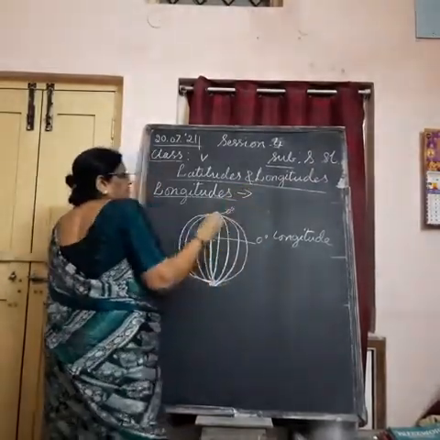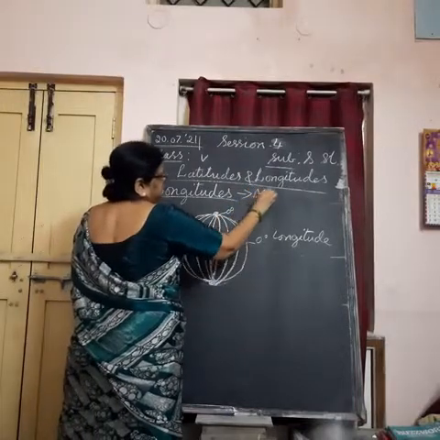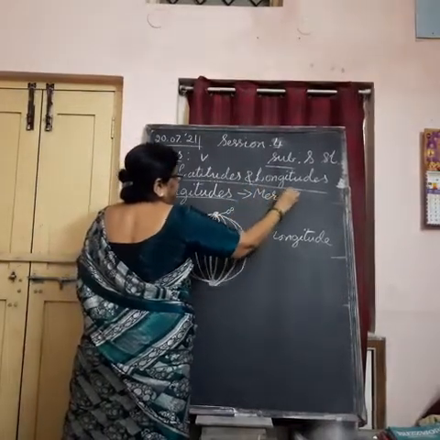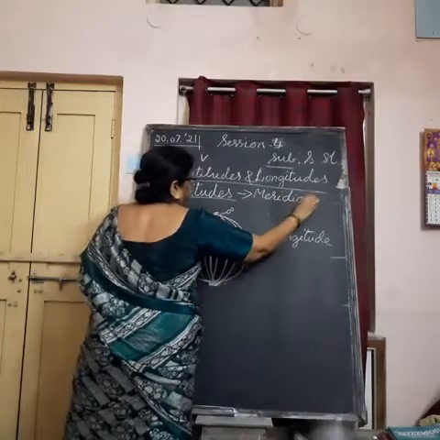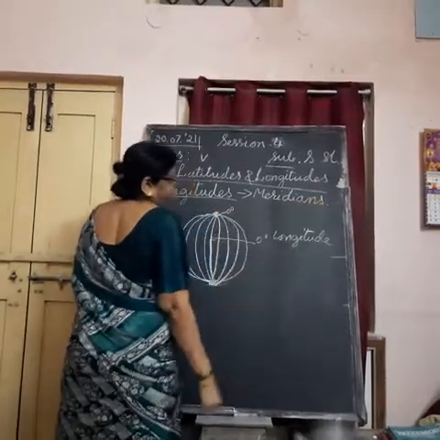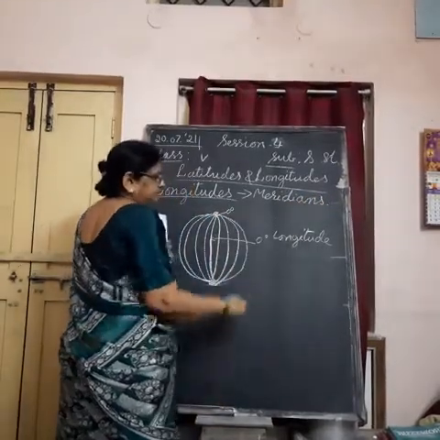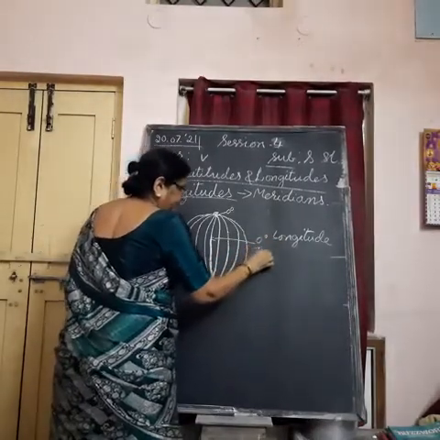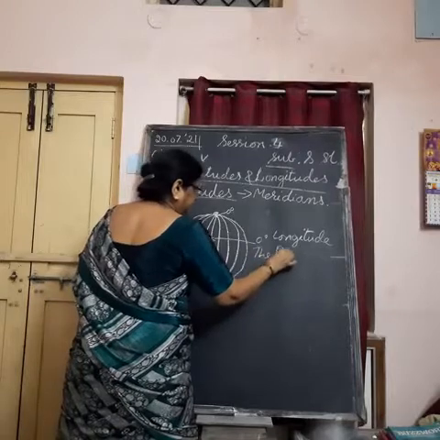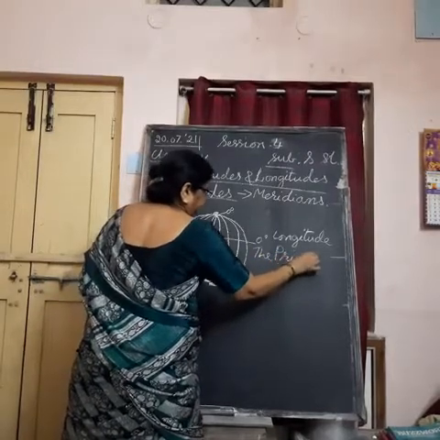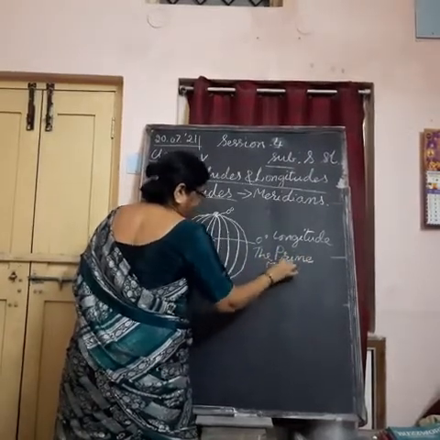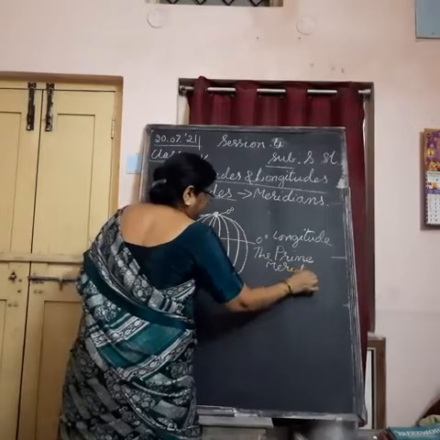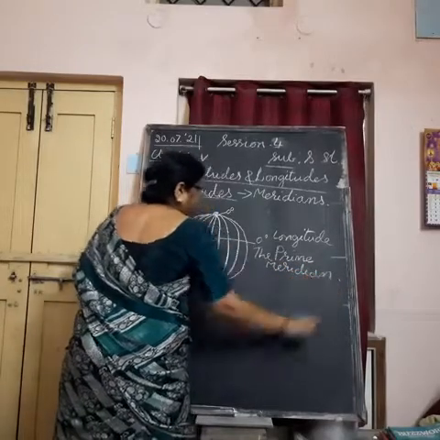Longitudes are also called meridians. So 0 degree longitude is called the prime meridian.